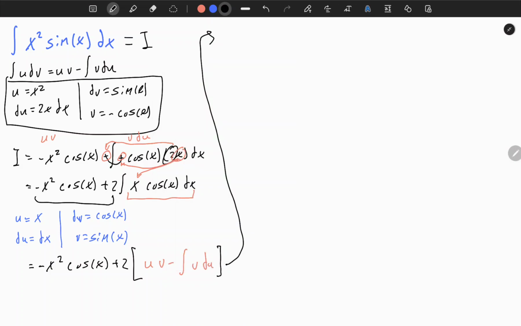Oh, snap. So then, we're just going to have to rewrite x squared times cosine x plus 2 and plug in our u's and our v's, which then it will be x sine x minus the integral of sine x dx.